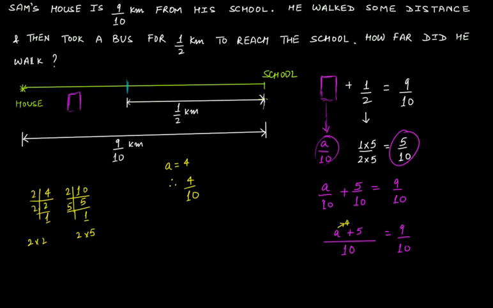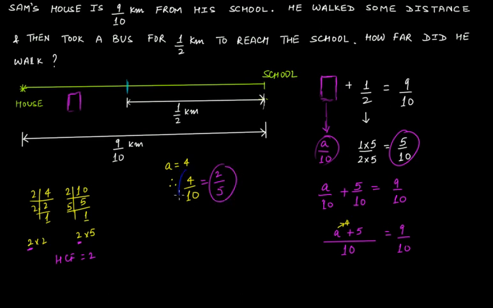Clearly we have only 2 as common, so only one 2 is common, therefore the highest common factor is 2. So we'll simply divide both the numerator and denominator by 2. If you divide 4 by 2, you'll get 2, and if you divide 10 by 2, we'll get 5. So this is the simplified form.